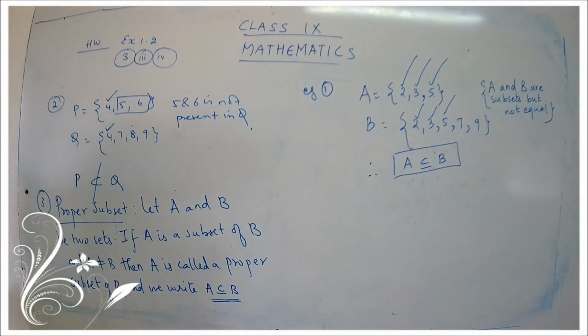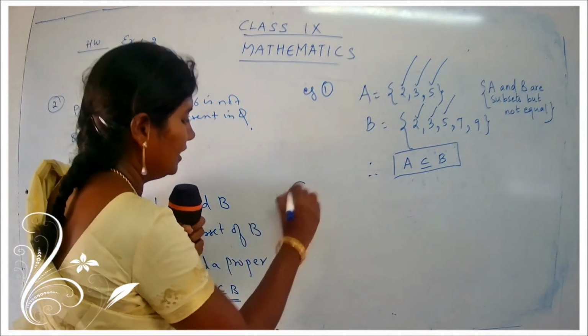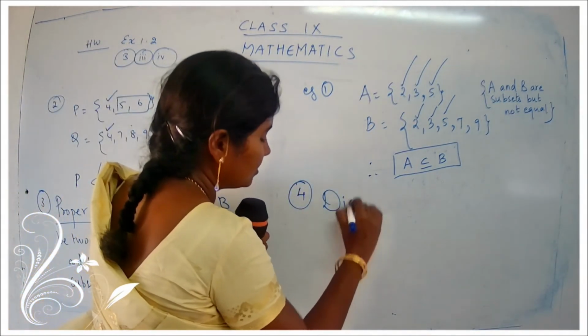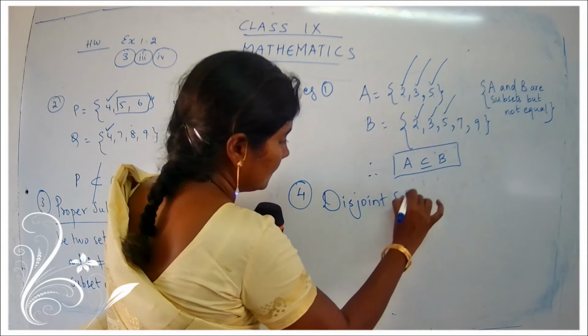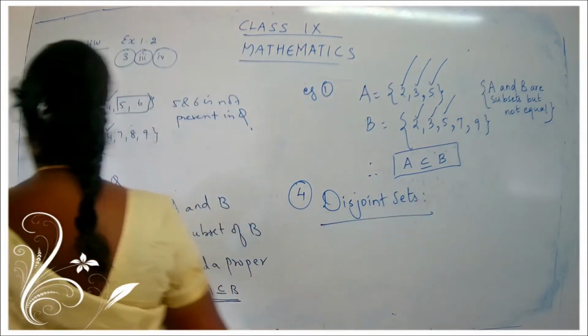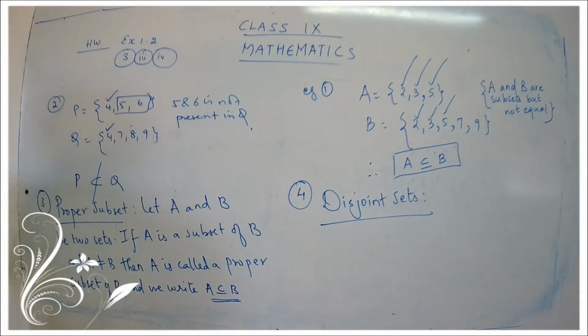Write down the fourth point, disjoint sets. Shall we write down the definition for disjoint sets?